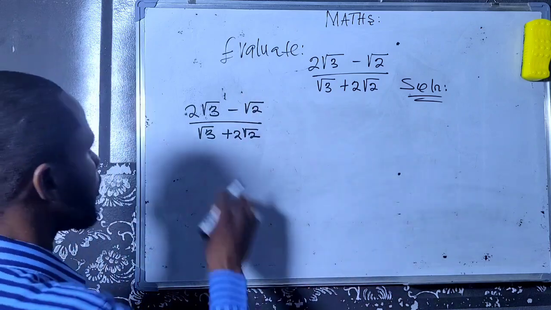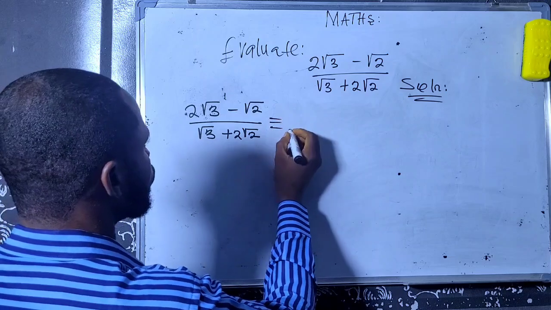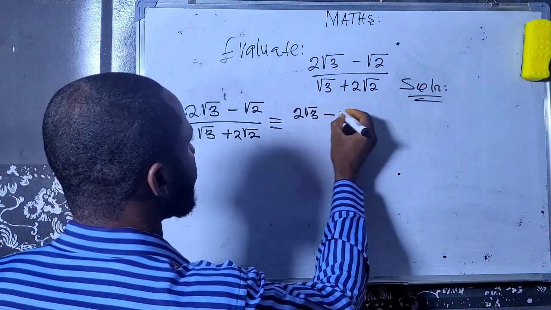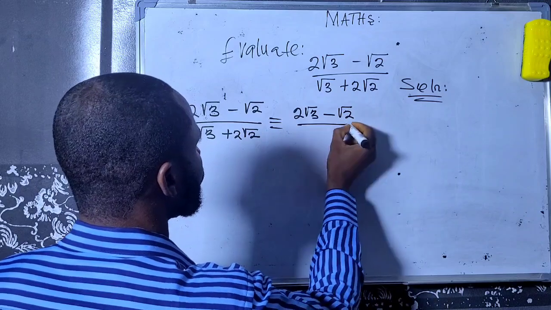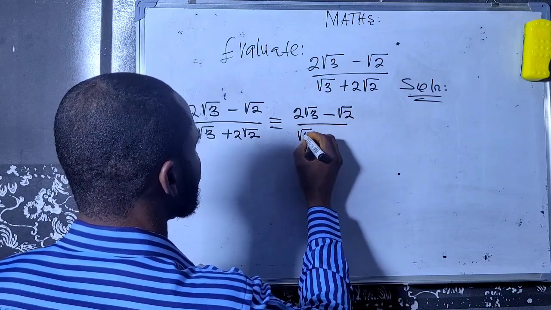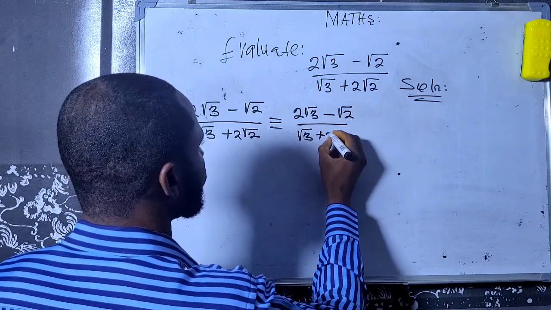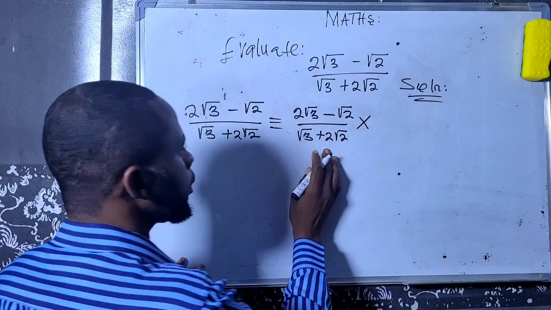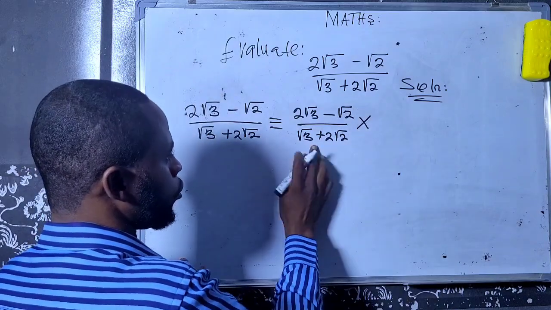That is, the whole of this is equivalent to 2 root 3 minus root 2 divided by root 3 plus 2 root 2. You multiply both up and down by the conjugate of this.